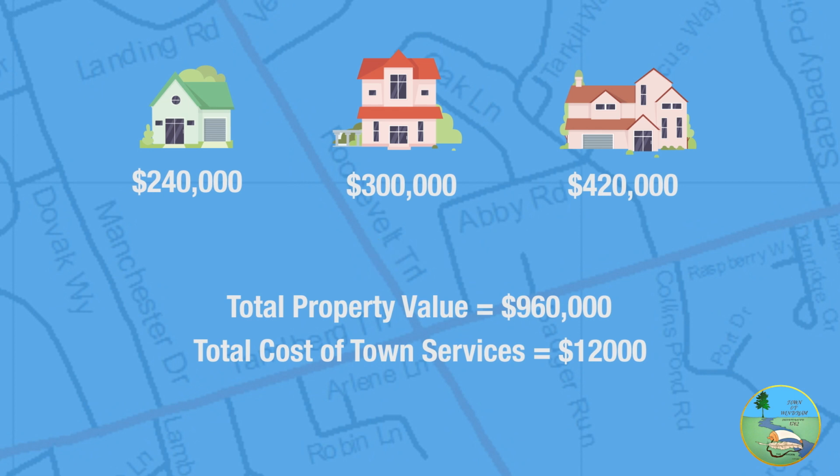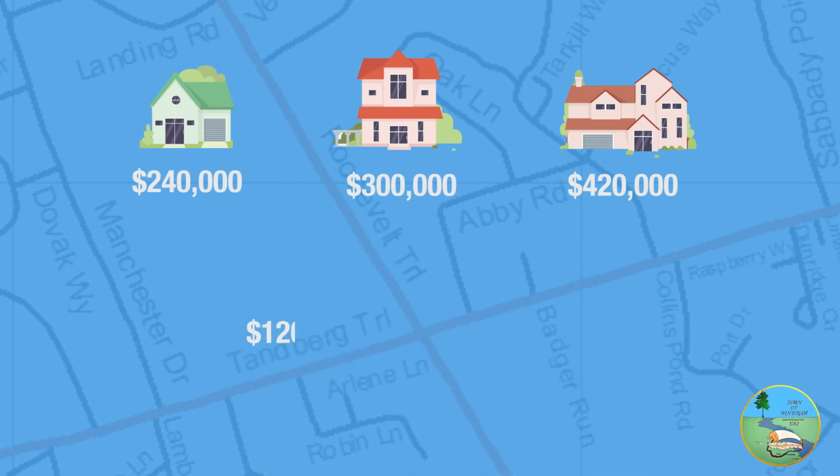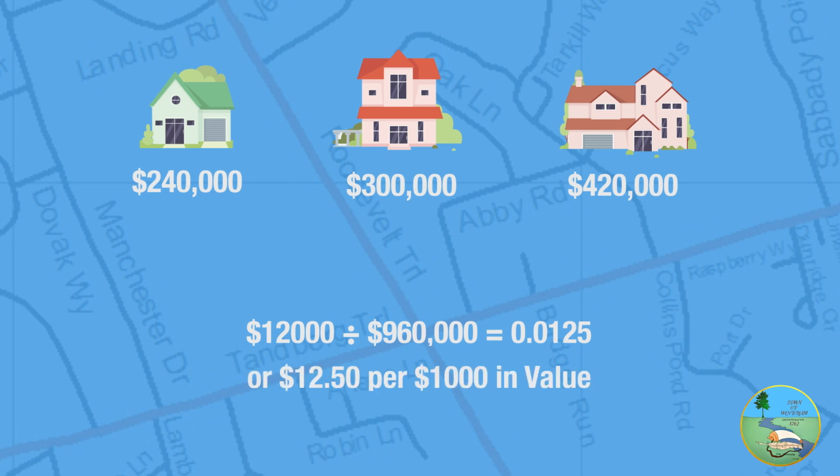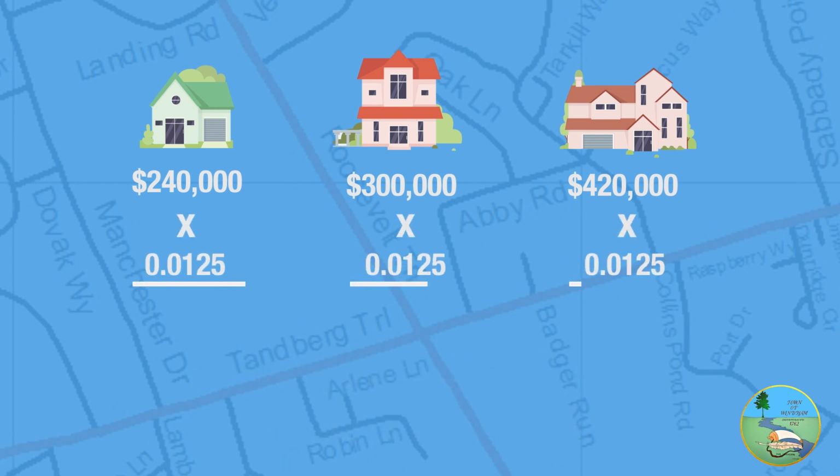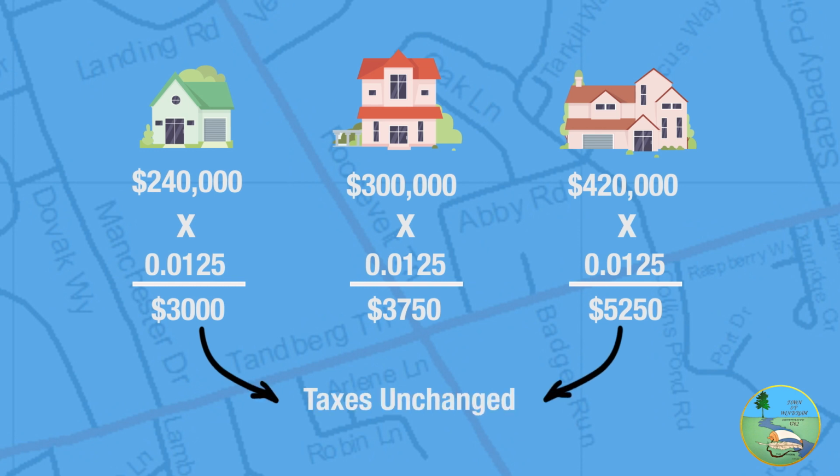We do the same division, 12,000 divided by 960,000, and that gives us 0.0125, or $12.50 per $1,000 in value. When we recalculate, the taxes actually remain unchanged for the 3 properties, even though the property values increased.